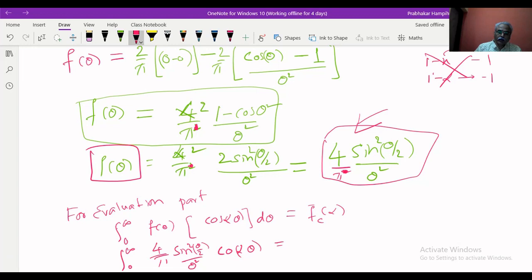Wherever there is a reduction part, you will have to select this alpha. The alpha part has got two values, 1 minus alpha in the range 0 to 1, or 0 for alpha greater than 1.